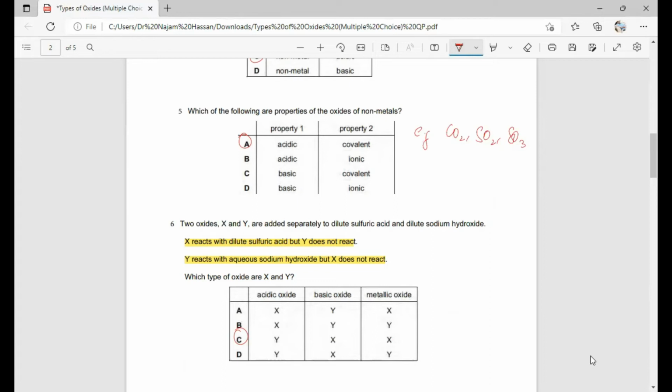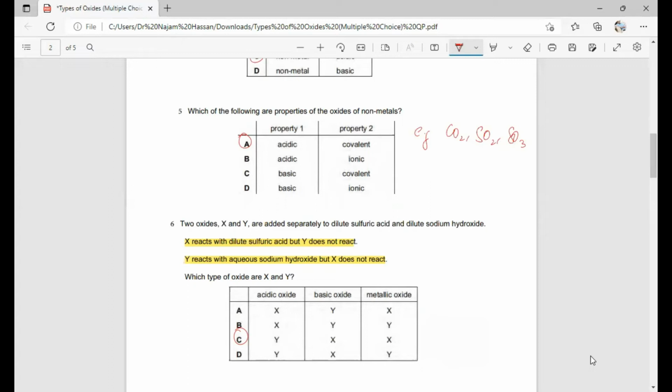So in question number 6, 2 oxides X and Y are added separately to dilute sulfuric acid and dilute sodium hydroxide. So this is a kind of neutralization reaction. Acid plus base forms salt and water. So X reacts with dilute sulfuric acid, but Y does not. That means the compound X is basic because base reacts with acid, and Y reacts with sodium hydroxide, but X does not.